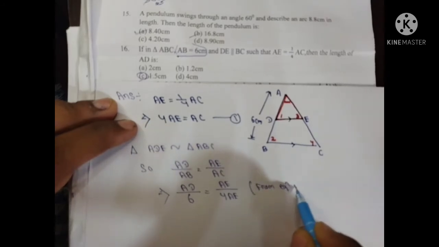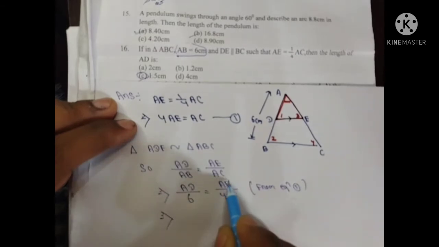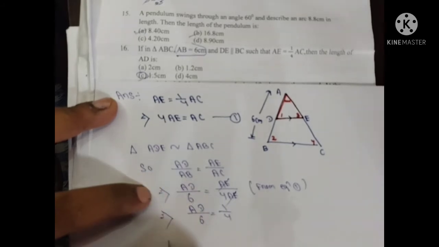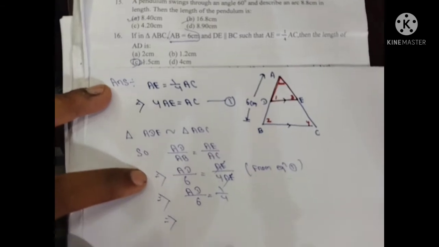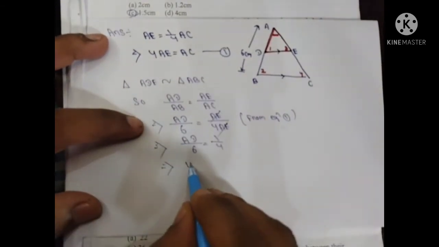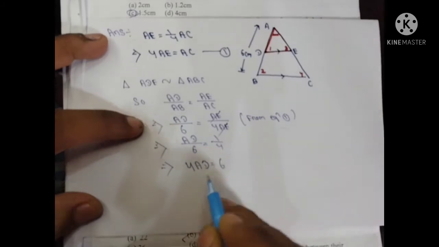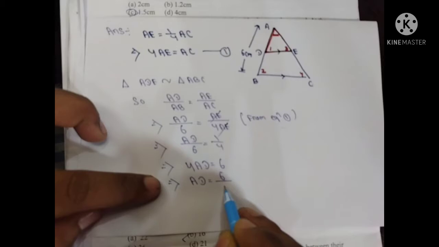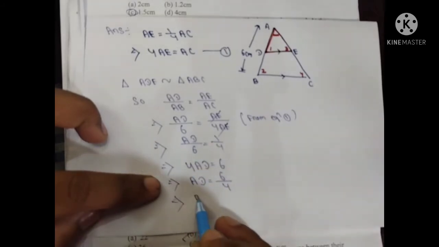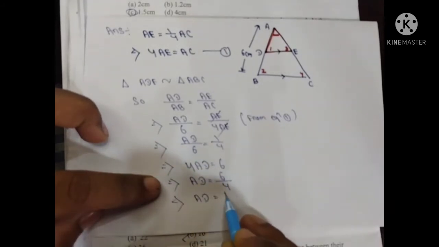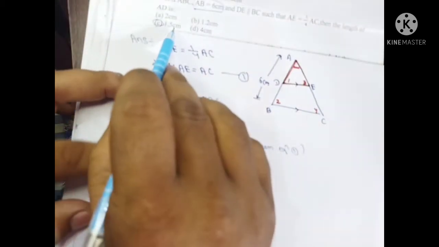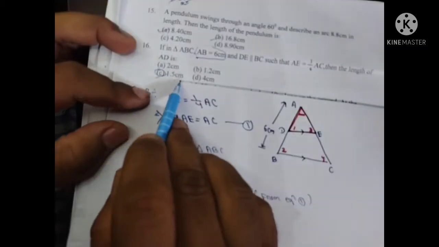Now I can cancel AE with AE. AD by 6 becomes 1 by 4. That means 4AD is equal to 6. So AD becomes 6 by 4. That implies that AD is equal to 1.5 centimeter. So here you can see option C, which is 1.5, is the right answer.